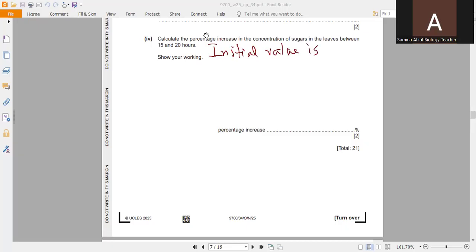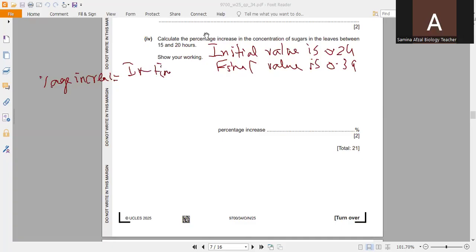So the formula for percentage increase is final value minus initial value, divided by initial value, multiplied by 100. Very bad handwriting.